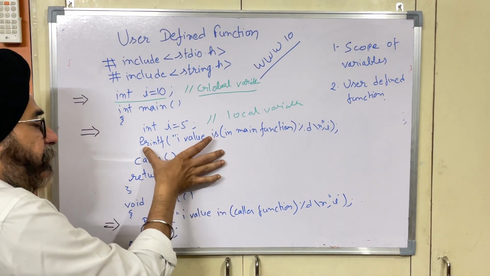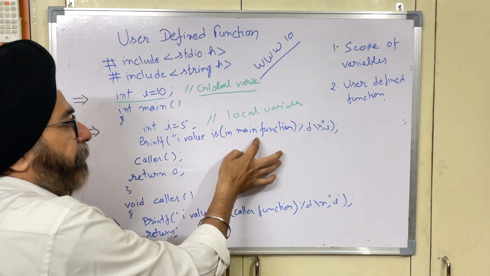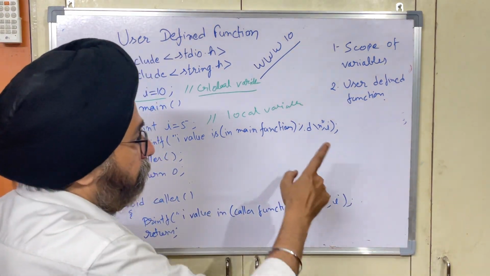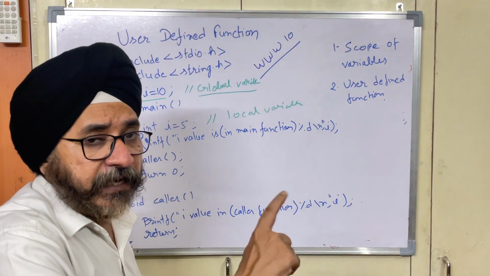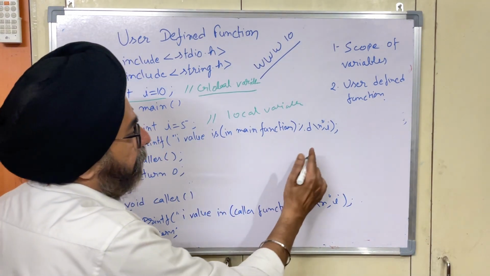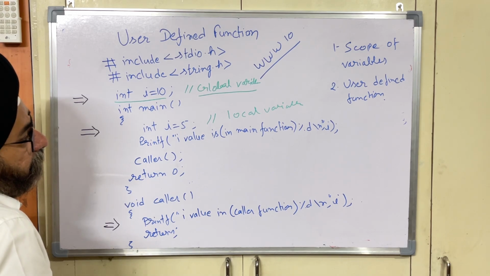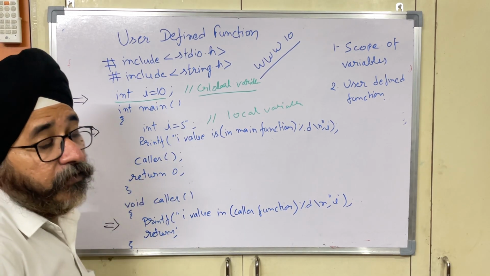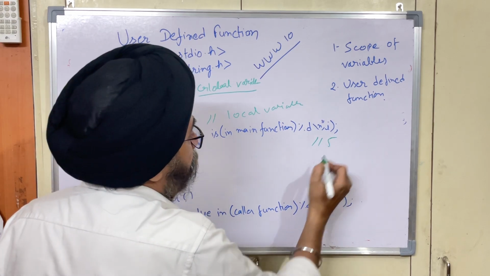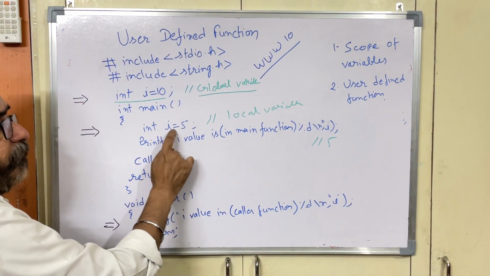And I am giving the printf statement "i value is in main function %d", where %d is the format specifier, \n is the escape sequence character, and then comma i. So you can see it will display 5. Why 5? Because it checks for the local variable first.